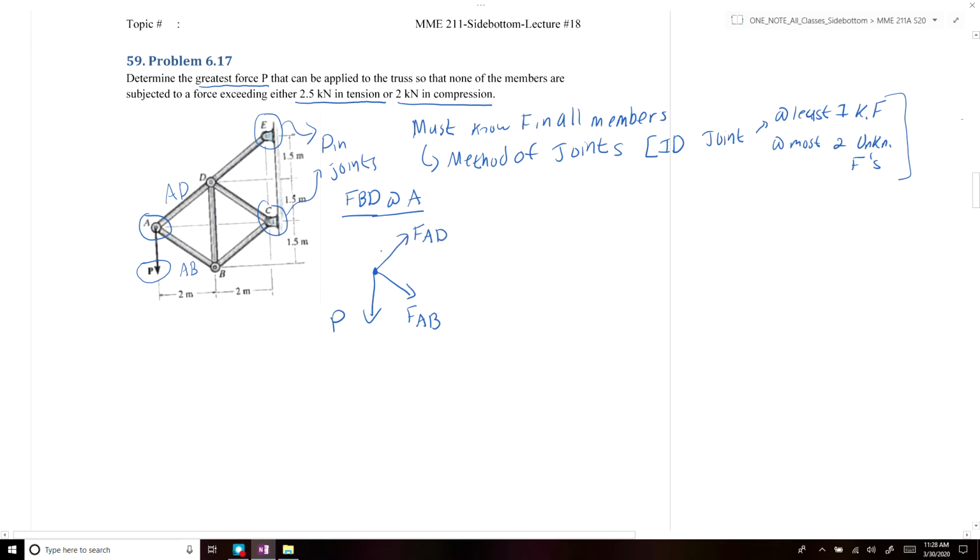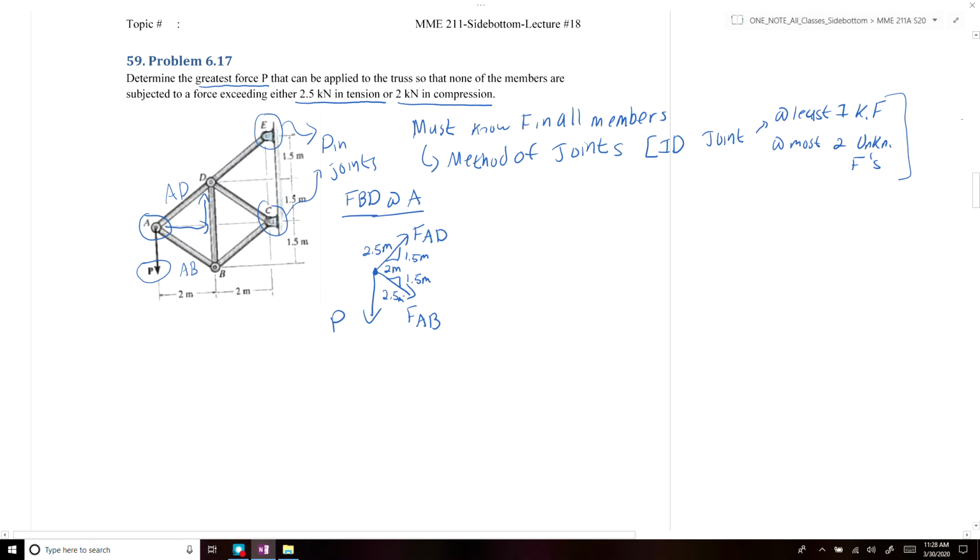Now, member AD has a dimension of 2 meters in the x direction, and then a 1.5 meter rise in the y direction. So the length of member AD would be equal to 2.5 meters. And then we could do the same process for AB. It just goes down instead of going up, so it's also 2.5 meters long.